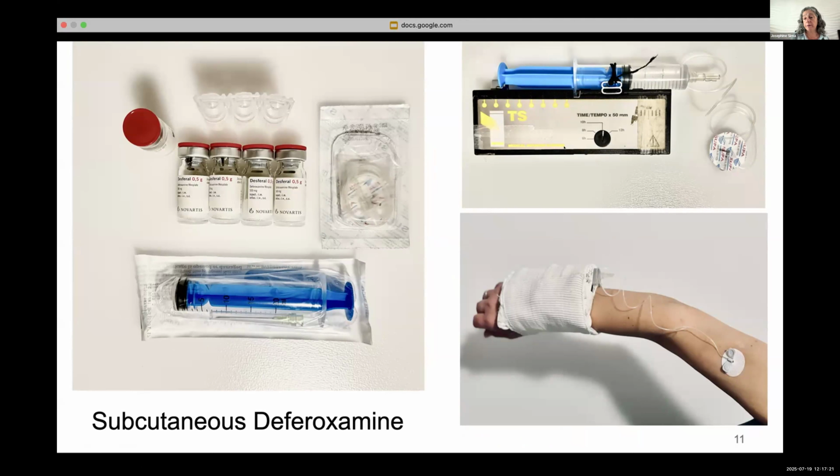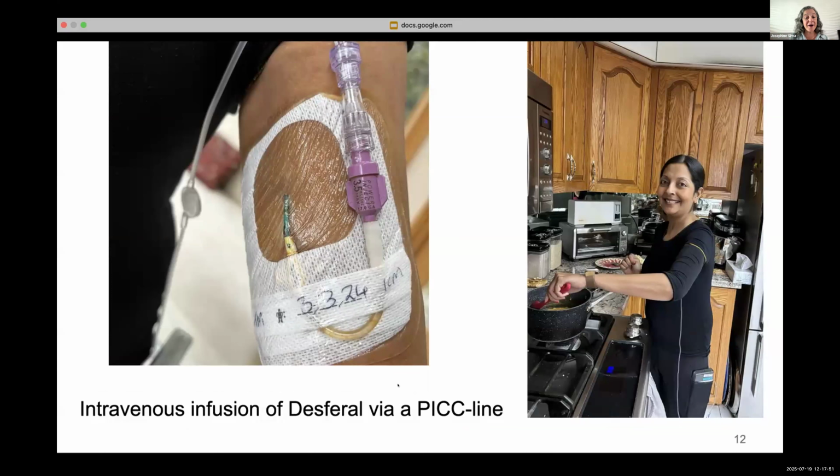There is also another pump which holds a week's worth of supply, and can be infused intravenously or subcutaneously. But essentially every night this little thumbtack needle would go into arm or leg or tummy, and you would basically have to strap this to yourself to walk around or be able to sleep with subcutaneous Desferal.